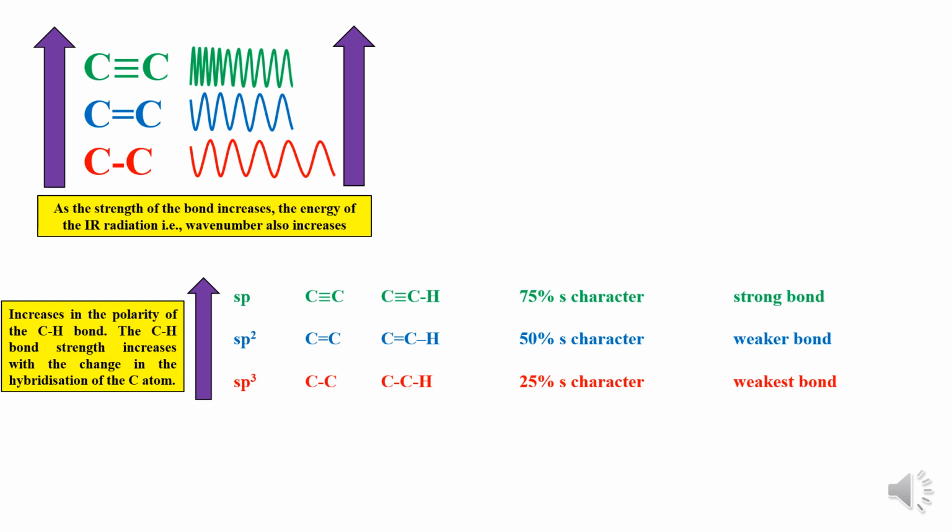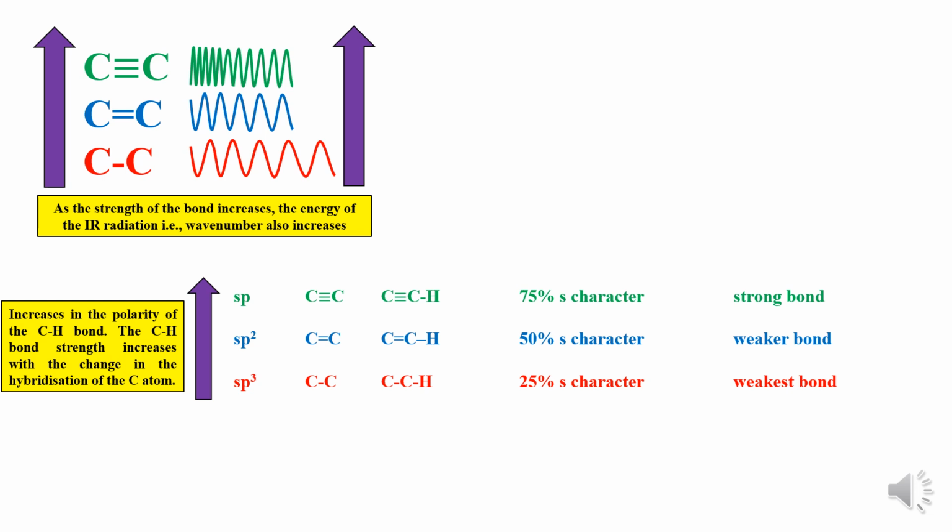So 25% s character in case of alkanes, 33% s character in case of alkenes, and 50% s character in case of alkynes. As I've already explained, the more the s character, the closer will be the s orbital and the s electron towards the nucleus.